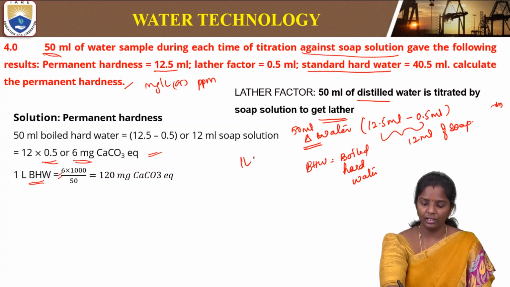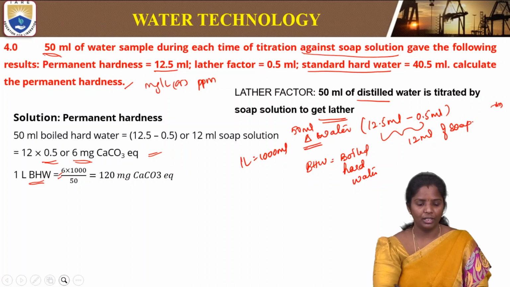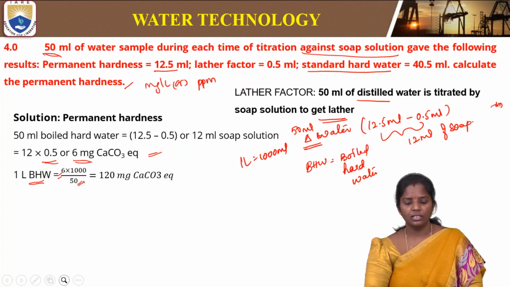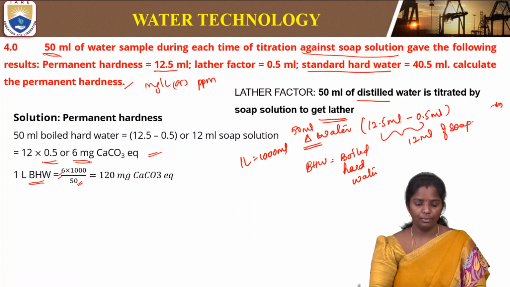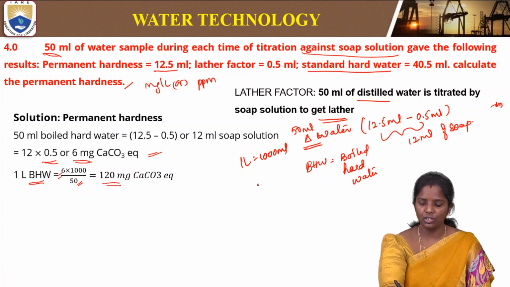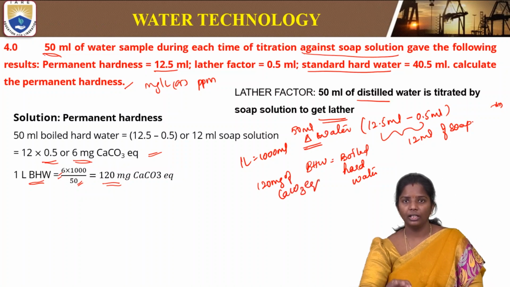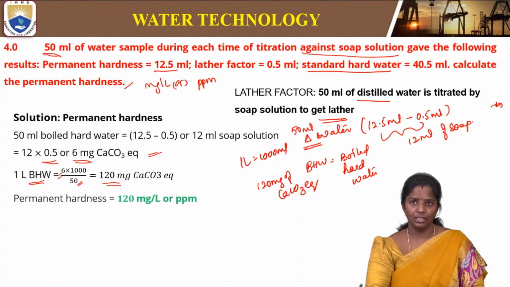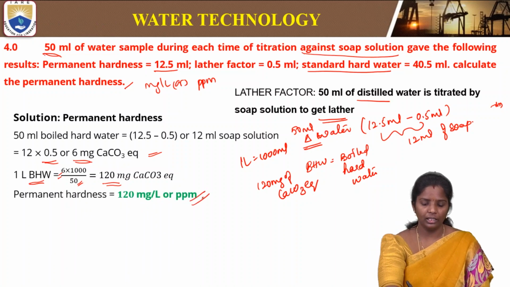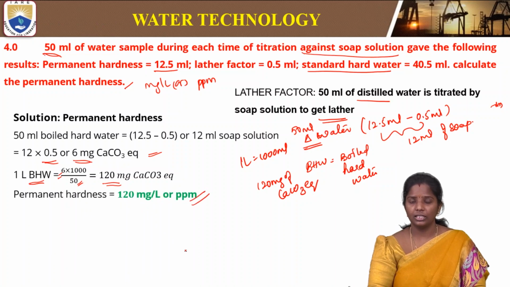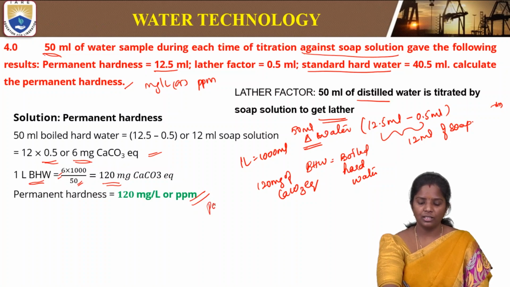Whenever we are giving 1 liter, which is 1000 ml, we multiply with 1000 divided by 50, that is the equivalent weight of calcium carbonate. So it is equal to 120 mg of calcium carbonate equivalent. Now we have successfully converted into calcium carbonate equivalents, and that is again equal to permanent hardness. It is 120 mg per liter or ppm, parts per million.